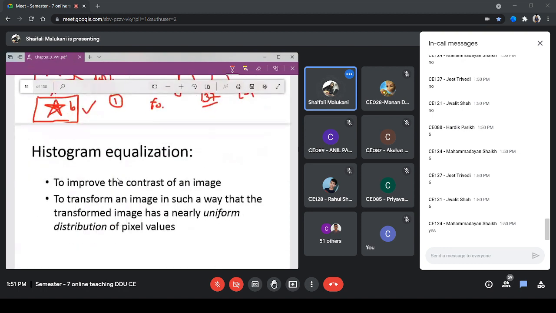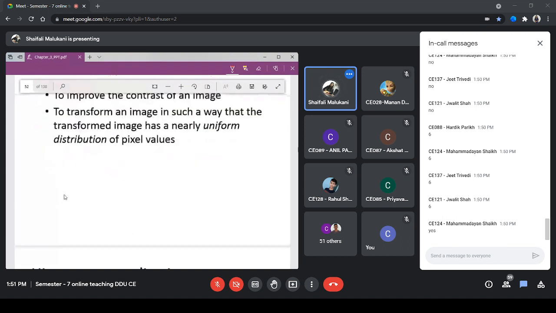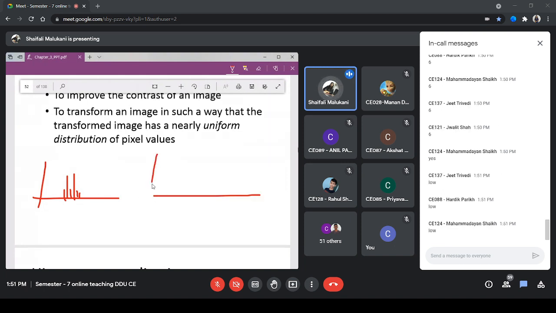Okay. Now, suppose my histogram is like this. Is it high contrast or low contrast? Low contrast, right? If I equalize this histogram, what is the meaning of that? Currently, all the intensities are in the range of say 50 to 100.